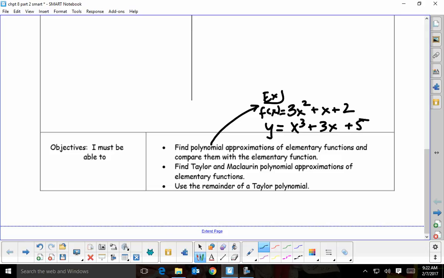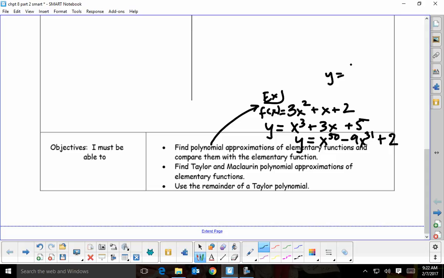Alright, there's a polynomial. Cameron, give me a really big degree polynomial. How about x to the 50th minus 9x to the 31st plus 2? Okay. 2,000 x to the 7th. Yeah, okay, those are some polynomials.